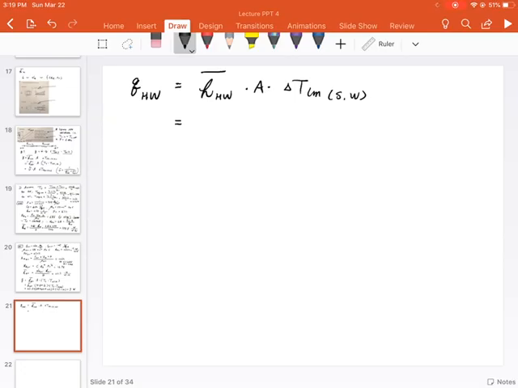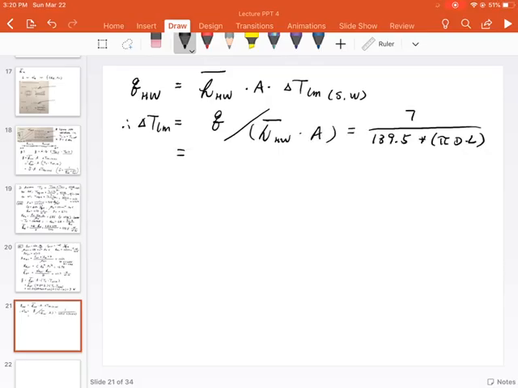So I can calculate the log mean, right? This log mean equals Q divided by the convection coefficient and the surface area, and then you can calculate that difference.